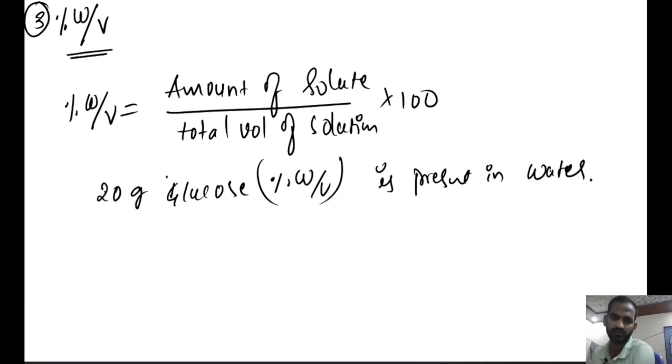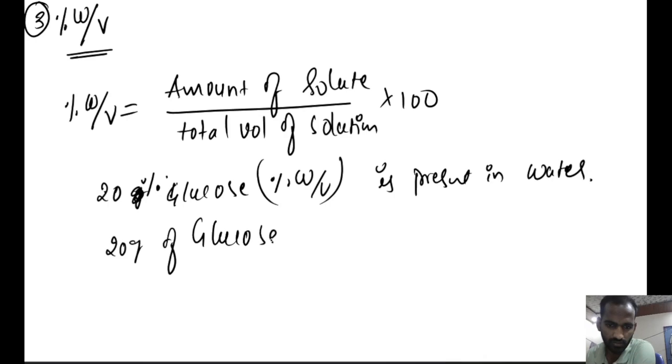Now what is the meaning of this? Not 20 gram, 20% W by V glucose is present in water means 20 gram of glucose is present in 100 ml of solution.